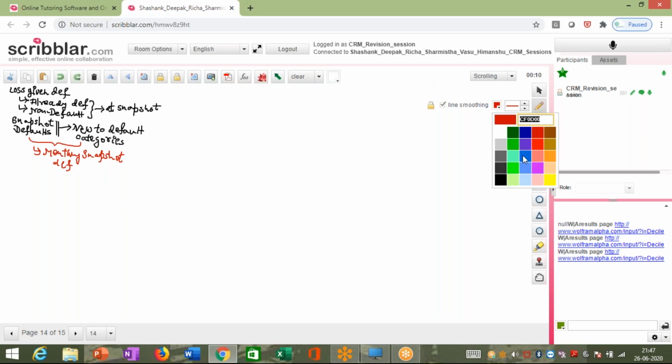Right. Now the second part that we need to worry about is the part of the non-defaults. Who are those accounts?